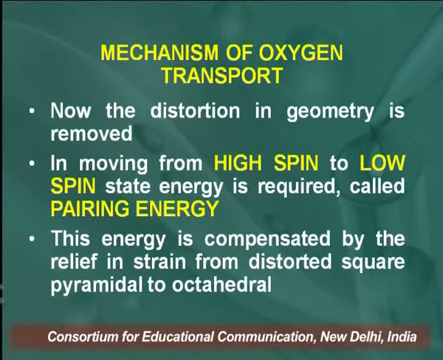In this case, energy is also required since there is pairing of electrons, and this energy is called pairing energy. This energy is compensated by the relief in strain from the distorted square pyramidal to the octahedral geometry.